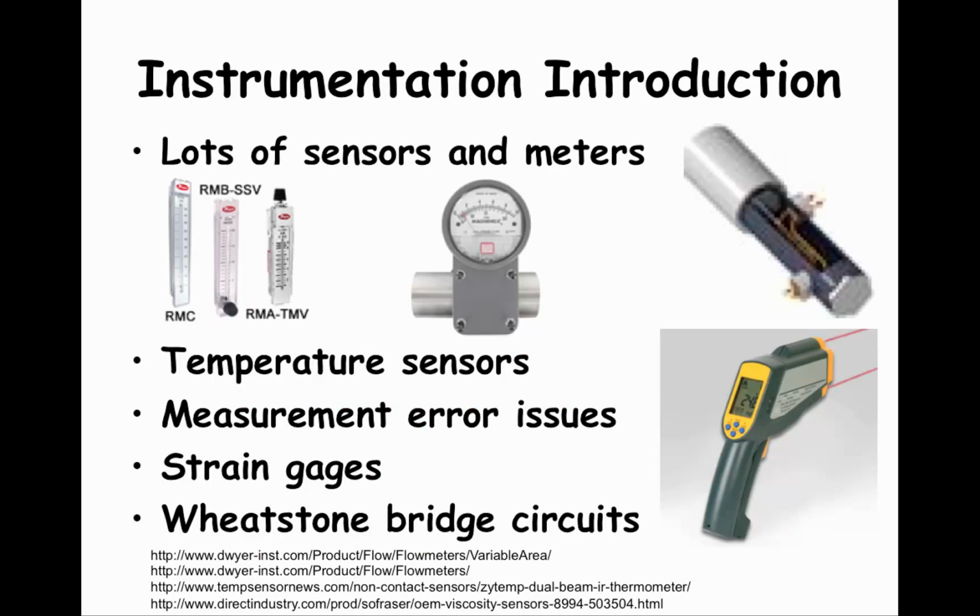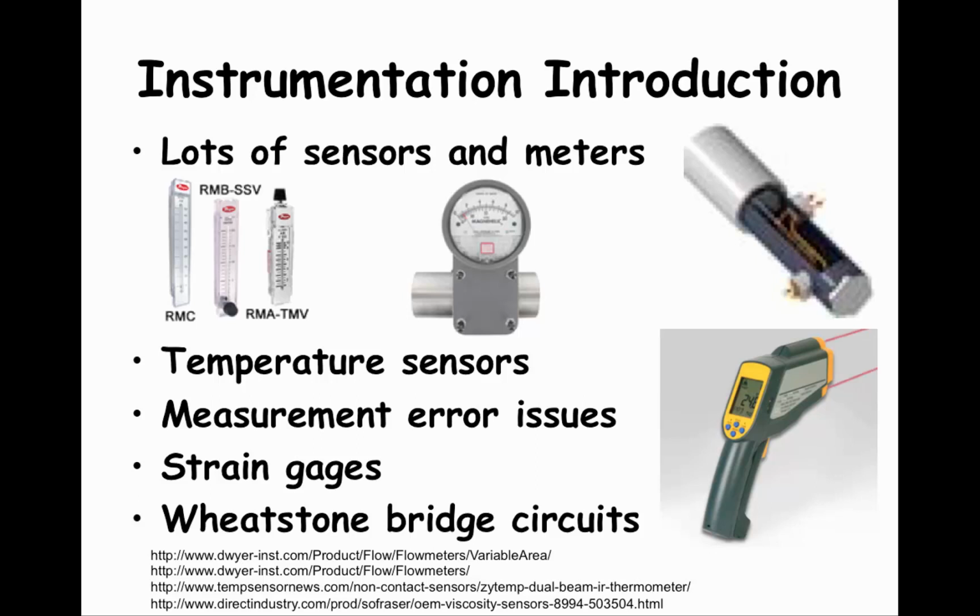The instrumentation field is big enough that it could be the basis for a course in itself, but not all of you need that much information to become an instrumentation specialist. So the goal in this class is to teach you principles that you can take and apply to any instrumentation that you end up working with as a professional.